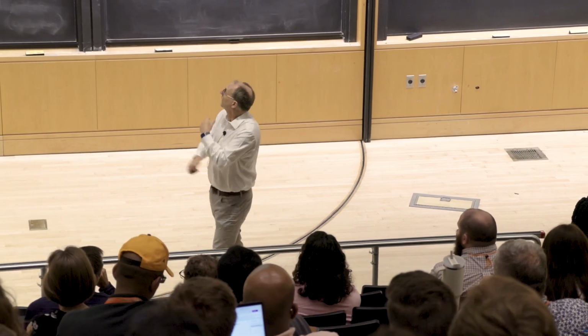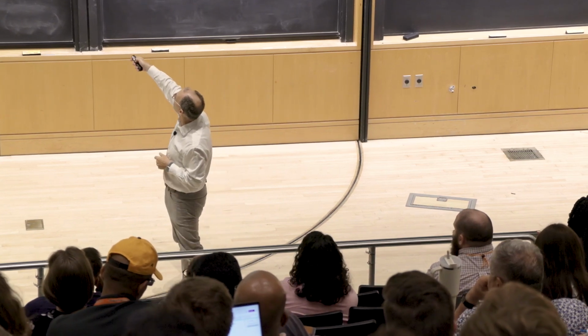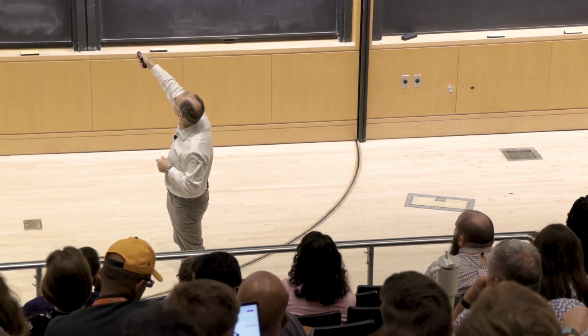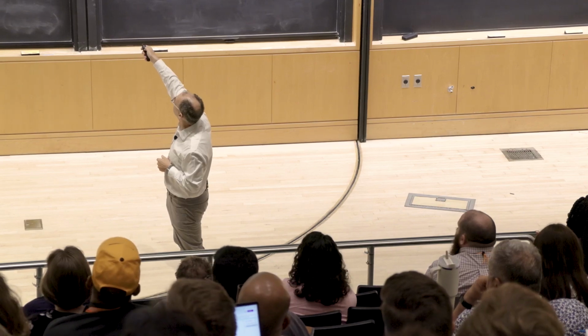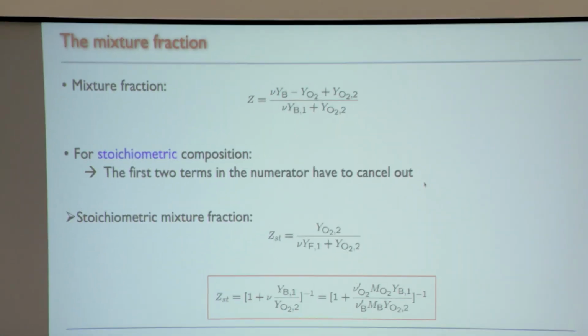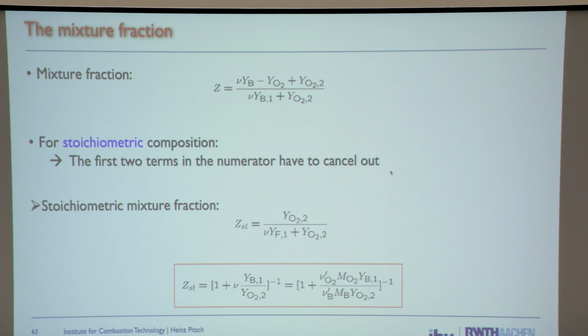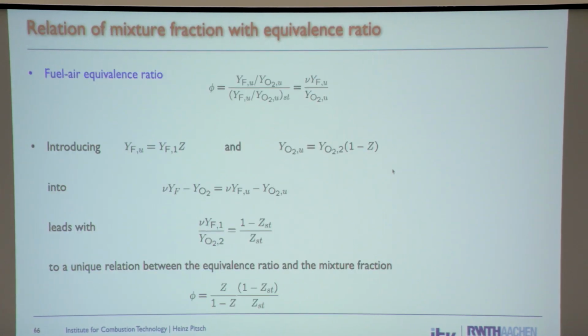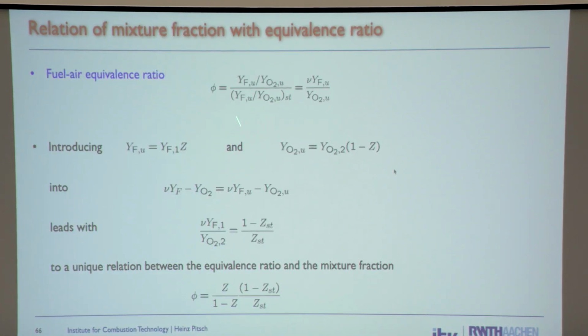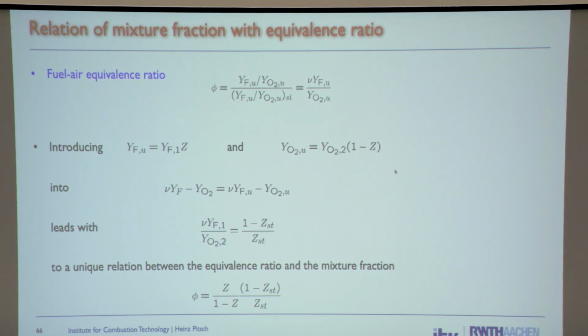Yeah, the nice thing is, if I have an equation for fuel mass fraction and an equation for oxygen mass fraction, it's just a linear combination of the two, right? I can easily derive a conservation equation for this. I could also derive an equation for equivalence ratio.